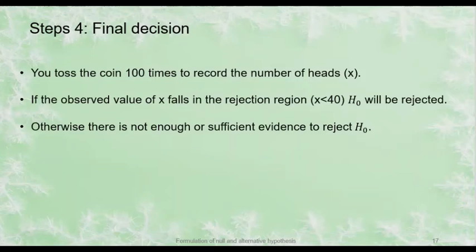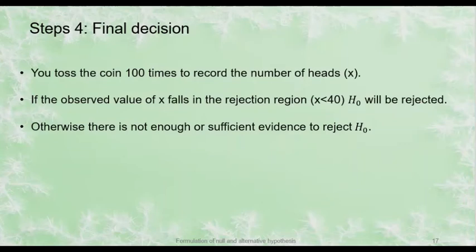And the final step is making the final decision. So we formulated H0 and H1. Then we have a test statistic, we have a decision rule, and now we need to make the final decision if the coin is fair or not.